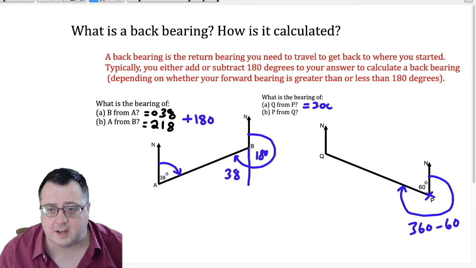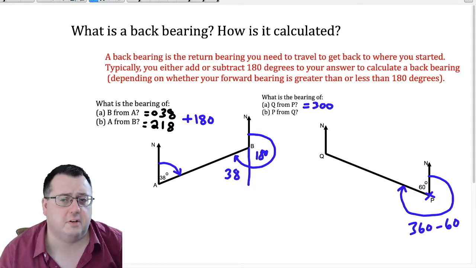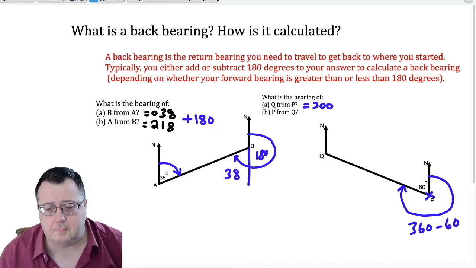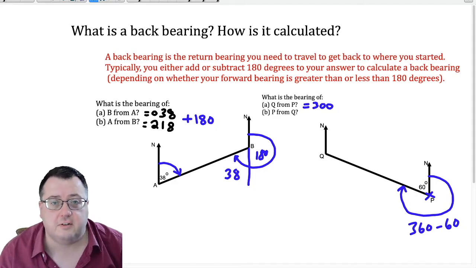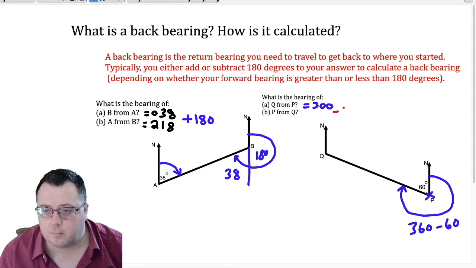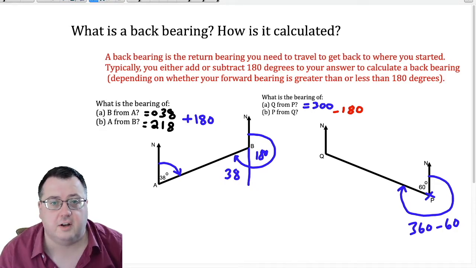So I'm not going to add 180 degrees to 300 because that would be 480. I'm going to subtract 180 degrees and that will give me an answer here of 120.